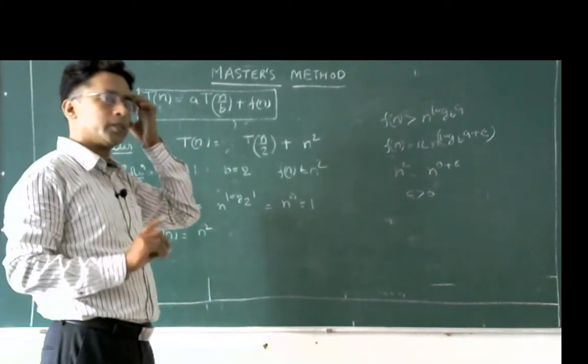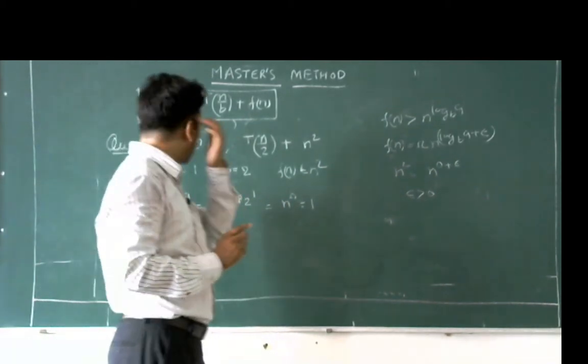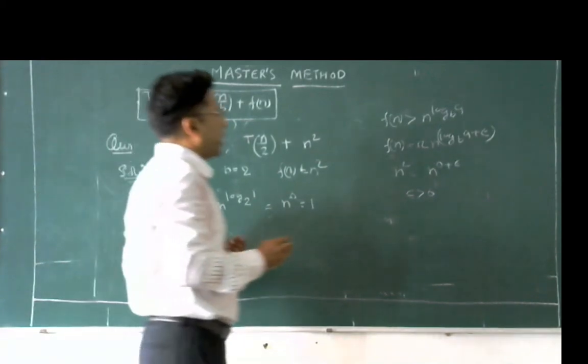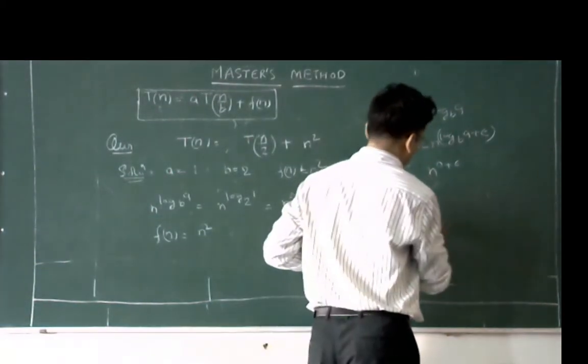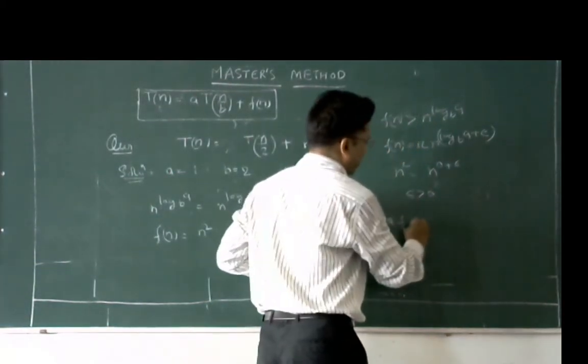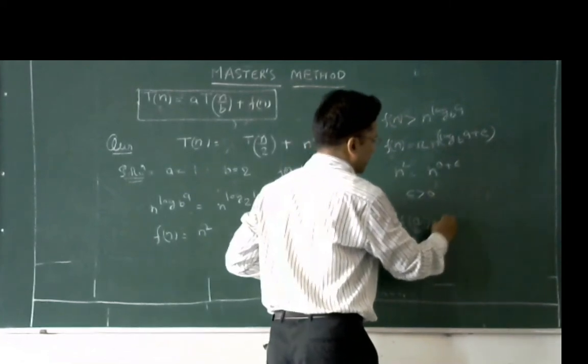But here, first we shall check the regularity condition. The regularity condition is a f(n/b) should be less than c f(n).